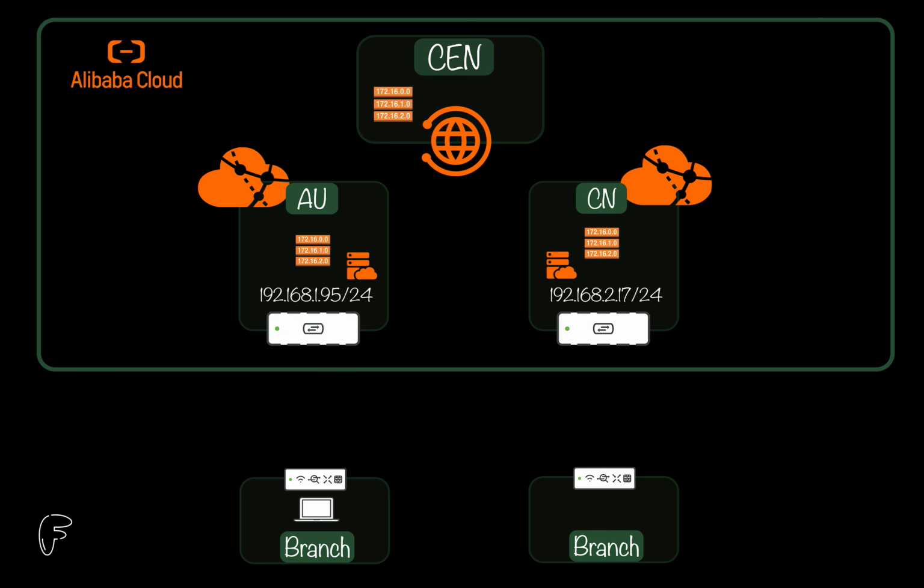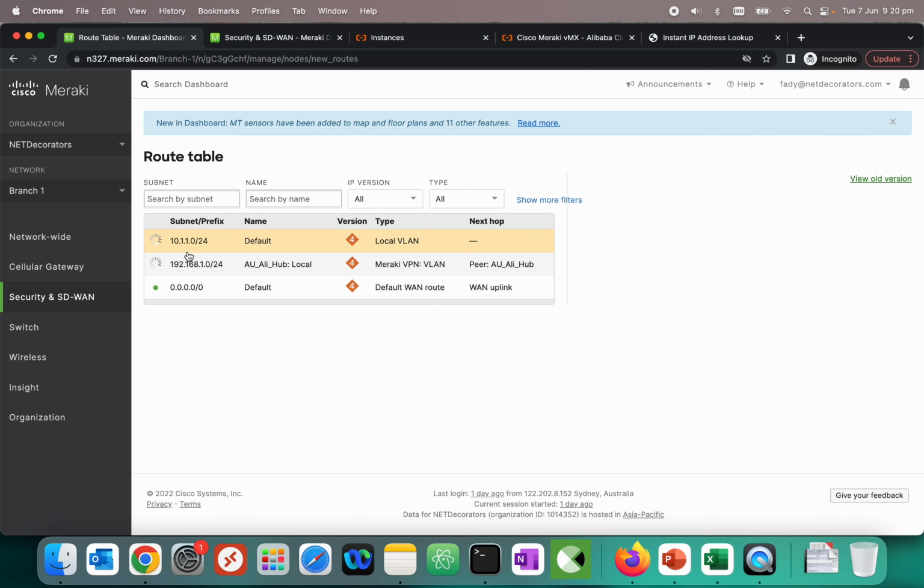So if I want my branch or my computer to be able to talk to China, I need to make sure it's installed in my routing table. If I look into my routing table at the moment, it only has my own subnet, as well as whatever I advertise from the hub.